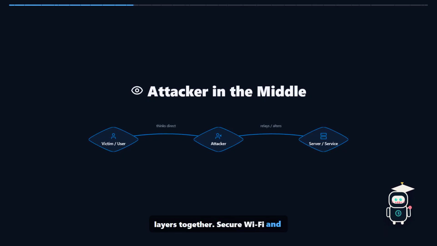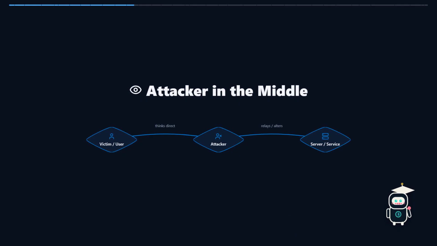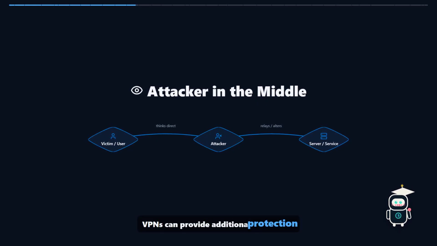Secure Wi-Fi and network configuration reduce the chance of malicious positioning. TLS protects data in transit. Certificate validation helps the browser identify the service it intended to reach. VPNs can provide additional protection on untrusted networks, although they do not make a compromised device safe.